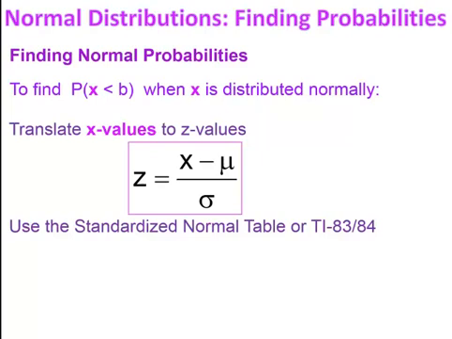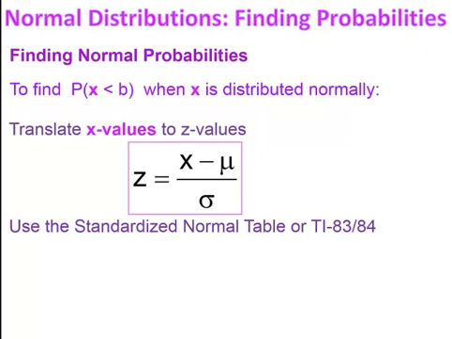You're going to be finding the normal probabilities. You're going to find the probability, and this is the abbreviation, P with parentheses around that particular interval. So it's really important to understand the intervals. This is x is less than b. What that represents is it's getting shaded to the left. If it was x is greater than b, it would be shaded to the right.